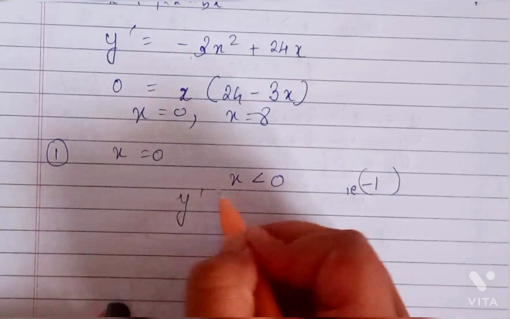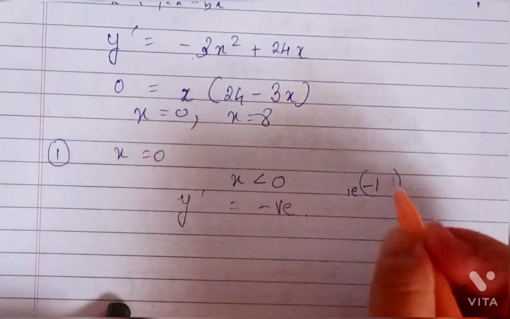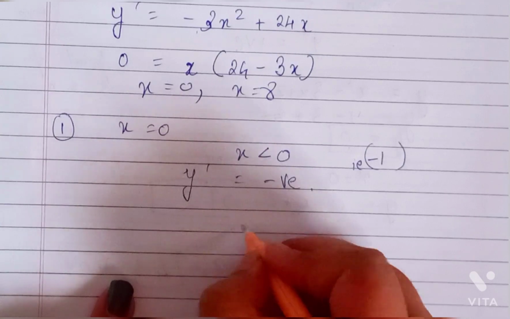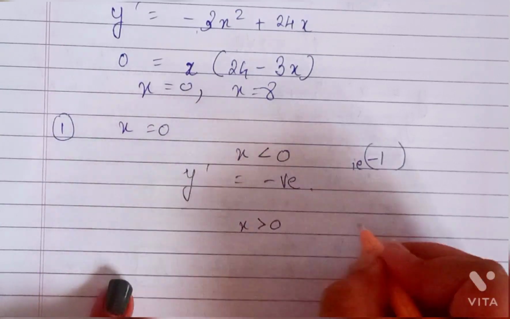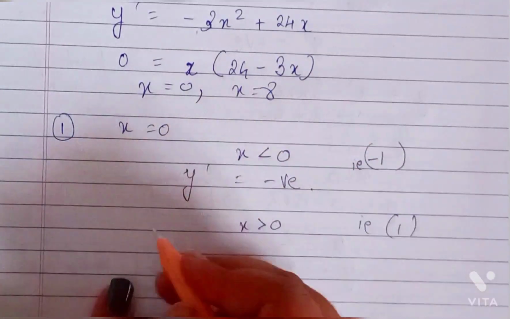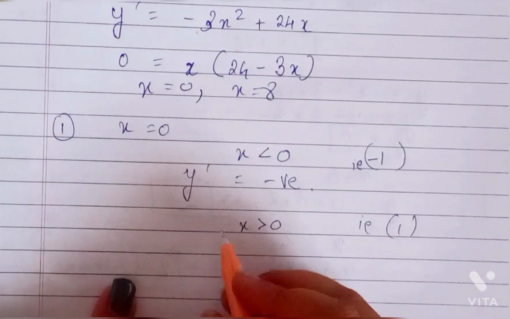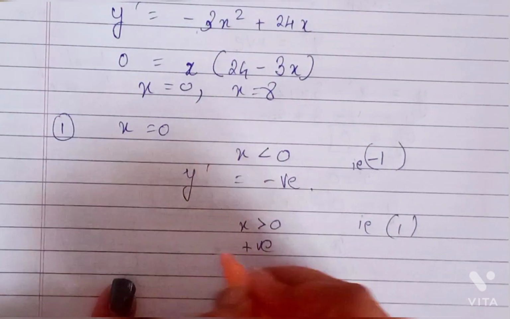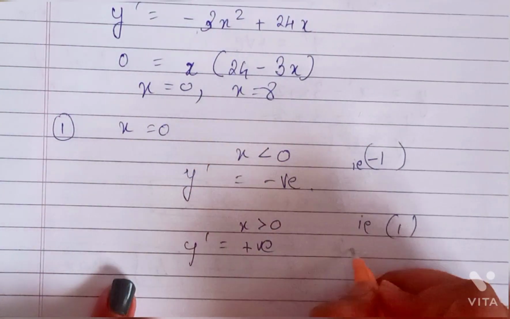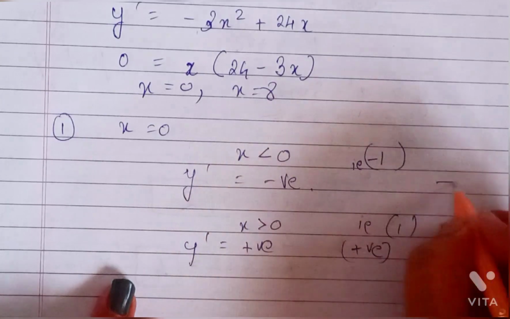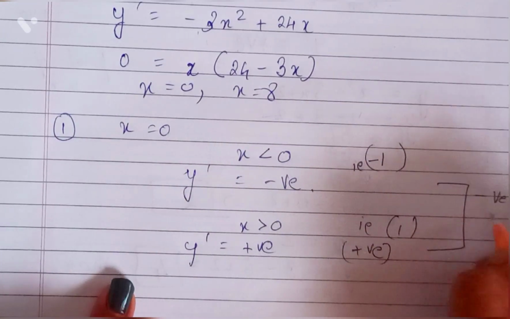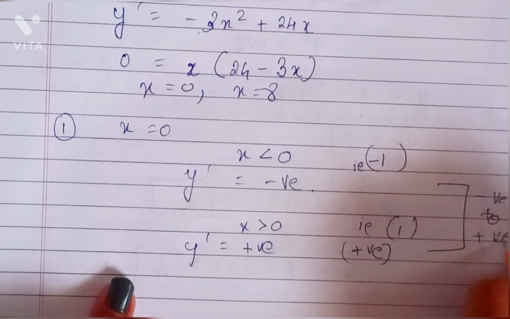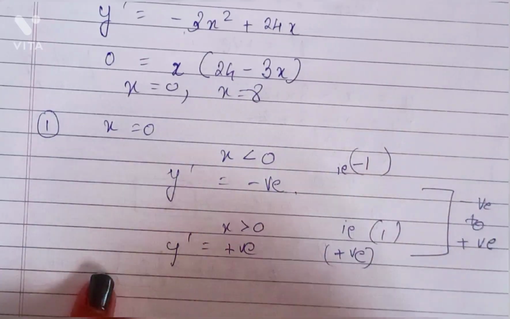So in whole, y dash will be a negative quantity. On the other hand, for x greater than 0, that is 1, we get y dash as a positive quantity. So this is positive. You could see the change from negative to positive. So this is minimum.